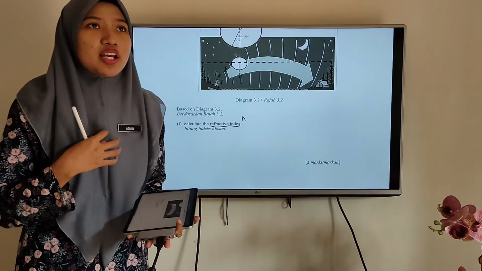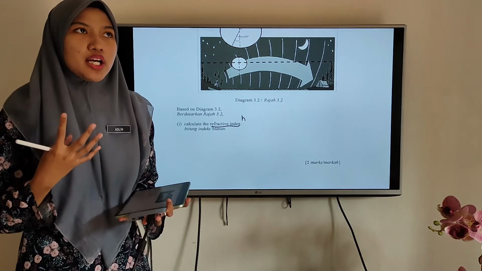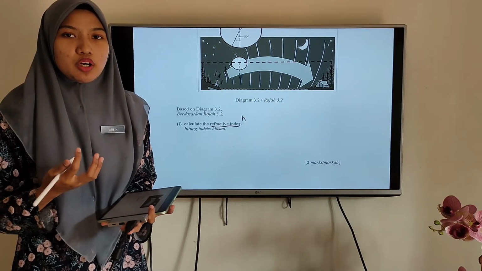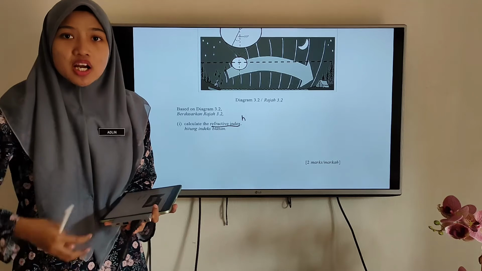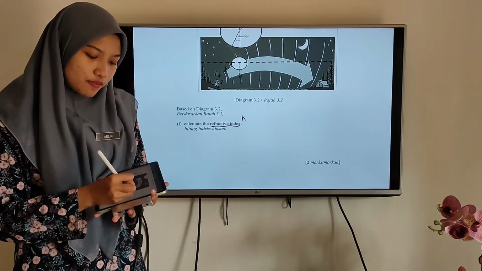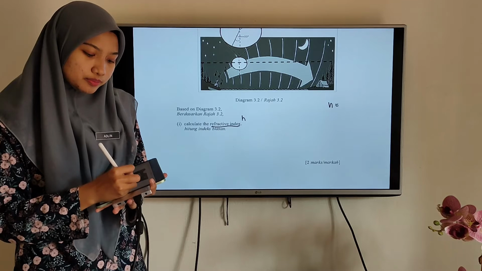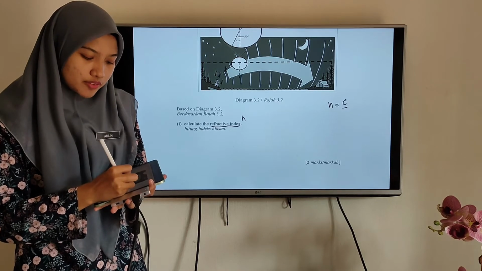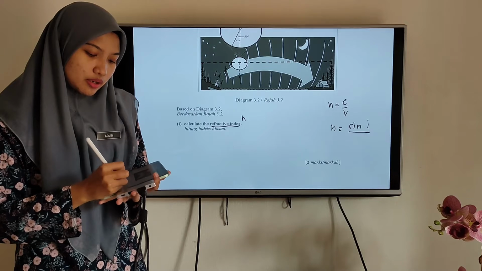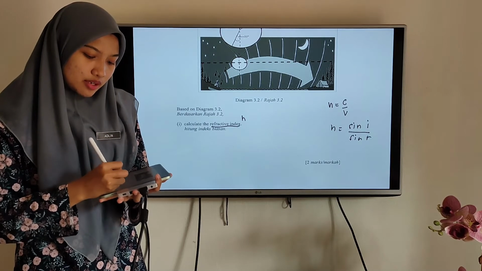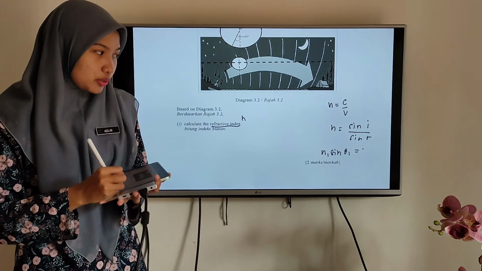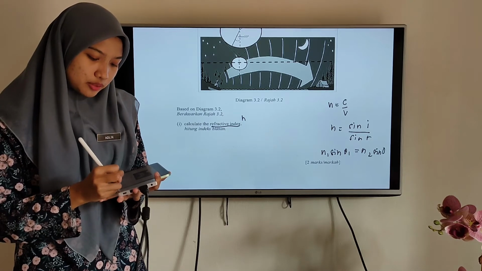If you don't know how to choose the right formula, come out with all the formulas that you remember. So we have n equal to c over v, n equal to sine i over sine r, and we have Snell's law, n1 sine theta 1 equal to n2 sine theta 2.